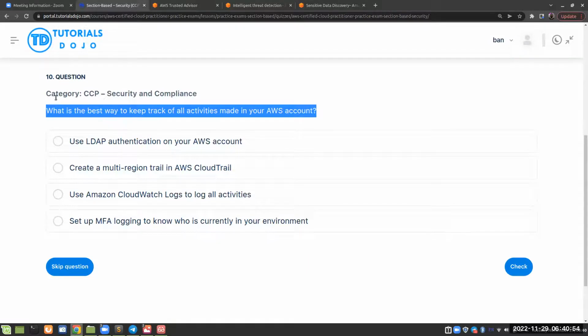So A says use LDB authentication. B says create a multi-region trail, use Amazon workloads, set up MFA. Guada, I see you say B. I wanted someone from Team Lawil first to come in. So what would be the right one there? Who is the next person in the group to answer?